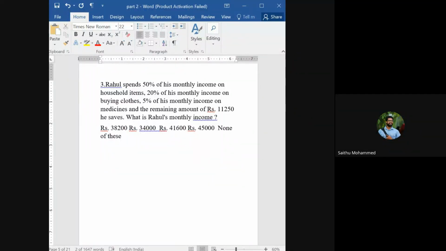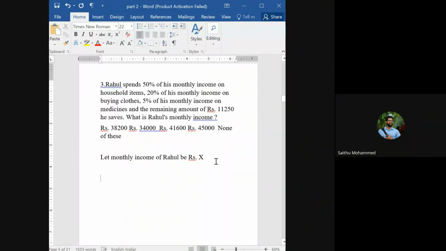So we have to assume that let the monthly income of Rahul be rupees X. This is an amount, like we say maybe rupees 45,000 or something. This is not in percentage, but in rupees. So that is what we have to keep in mind.